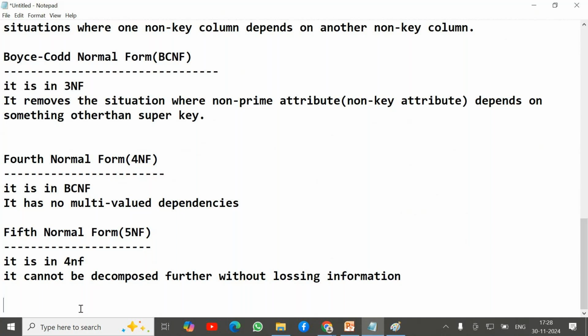Finally, observing very clearly: 1NF. What is the main purpose of 1NF?